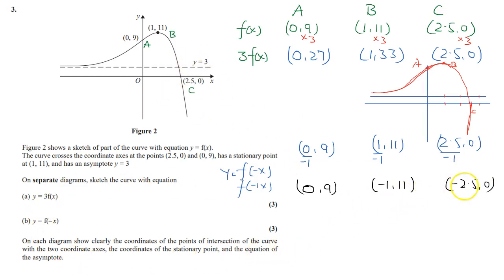So what we have is this is 2.5, so now we have here -2.5 and 0. 11 is here. Now we have here -1 and 11, and 0, 9 is 0, 9. So in fact the graph is just a mirror image.